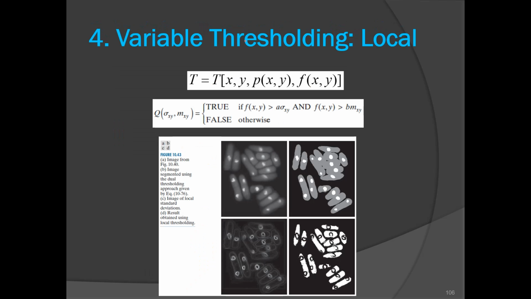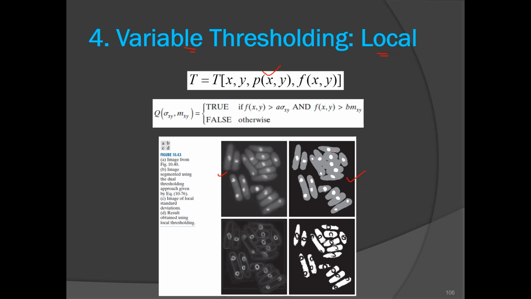Now the second category under variable thresholding is local thresholding. In local thresholding, we use this P of xy. This P of xy is actually a neighborhood property of that pixel. Now consider this example. This is our input image, and this is the result of multiple thresholding.